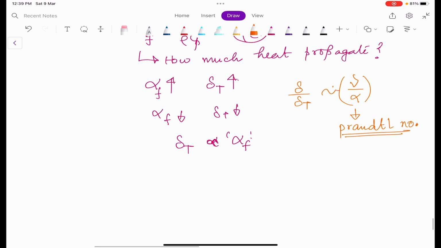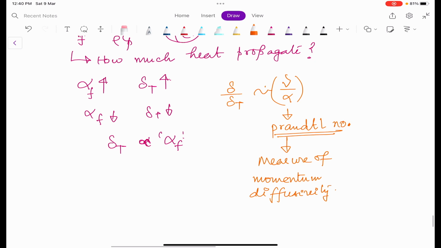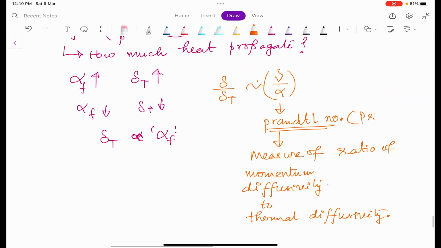The Prandtl number is a measure of the ratio of momentum diffusivity to thermal diffusivity. This is the Prandtl number Pr.